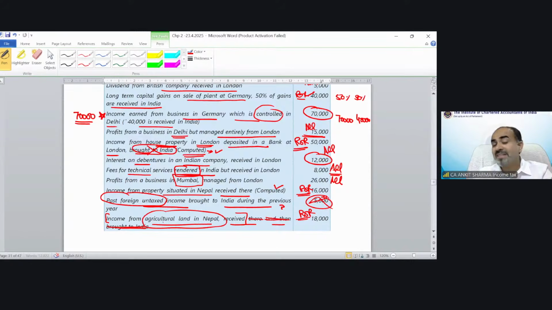Exemption would be only if it is agricultural income in India. So if your agricultural land is in Nepal or other countries, then it would not be treated as agricultural income. It would be treated as a taxable income. And because it has been earned outside India and received there, it is only taxed in case of ROR.